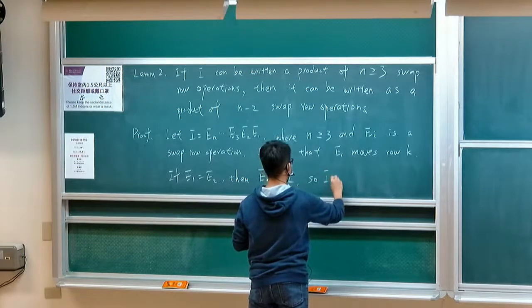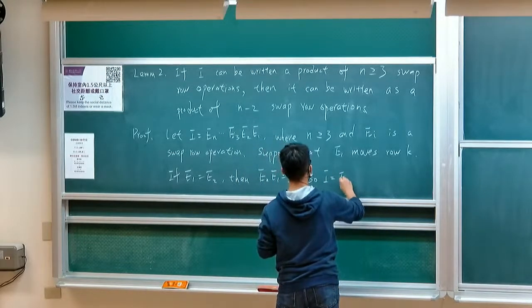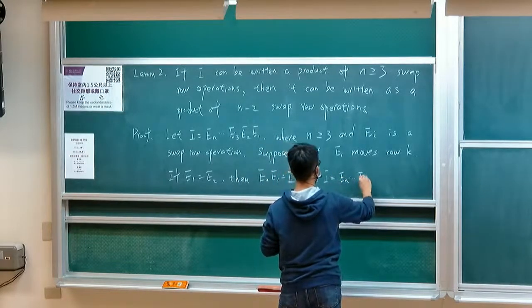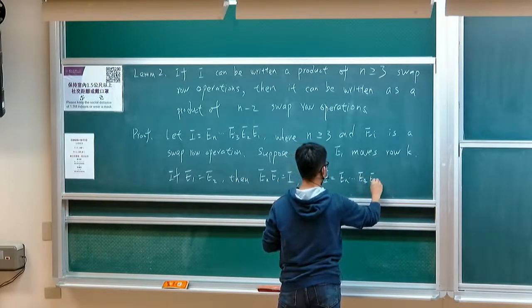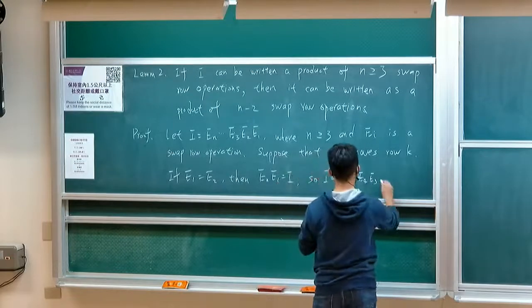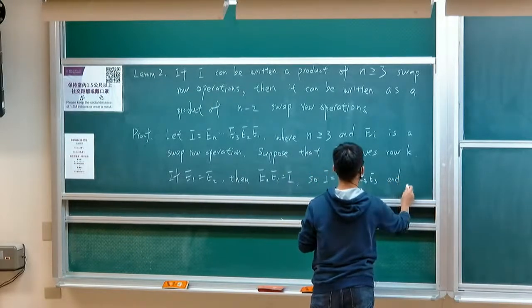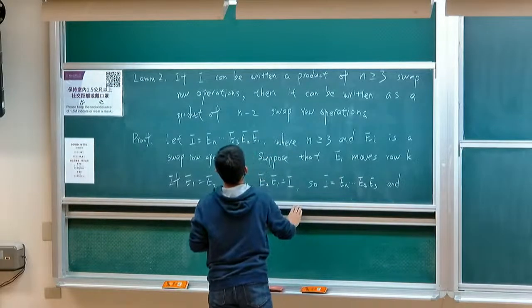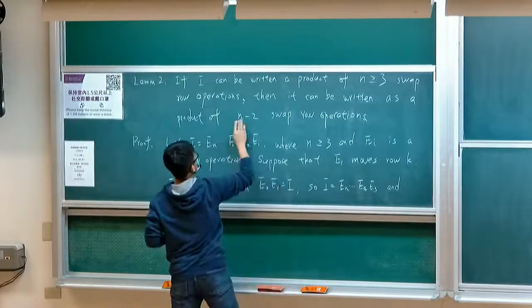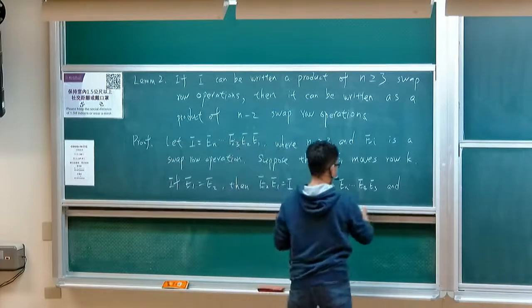So I is equal to En and so on, E4, E3, and in this case we are done. We show that we can write I as n-2 swap row operations.